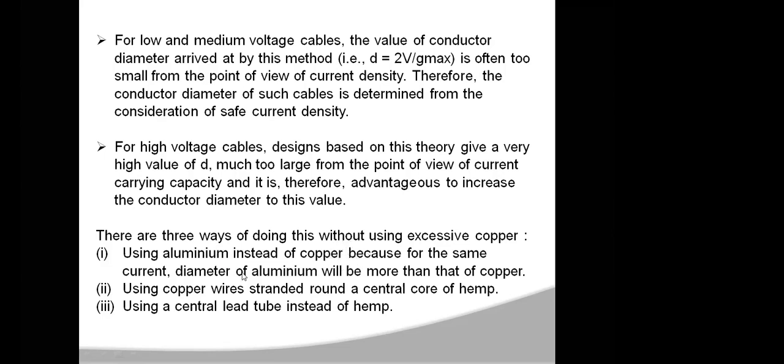Or you can use copper wires stranded around a central core of hemp. Hemp here is like a bamboo type of pipe. On this bamboo type pipe, you use the copper wires so that your conductor diameter will increase.